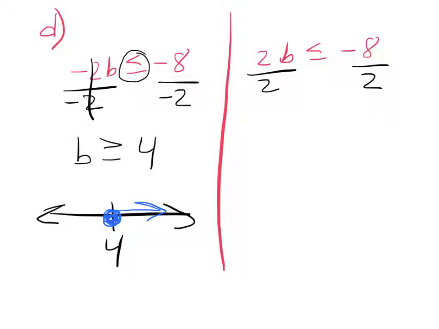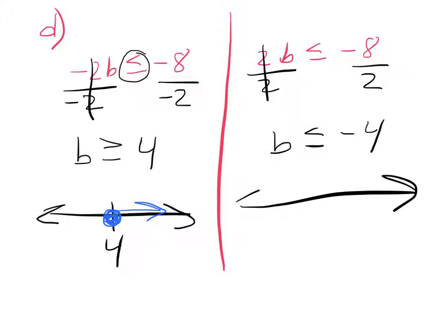I divided by a positive number. When I continue, I get b is less than or equal to negative 4. I'm going to graph that. Negative 4. And I'm going to graph it with a closed circle. And I have b is smaller than the closed mouth side, negative 4, and a graph to the left.